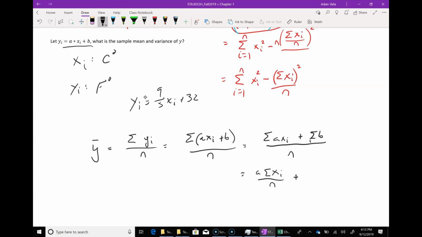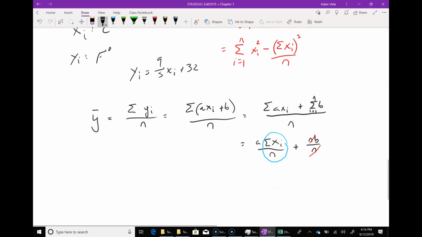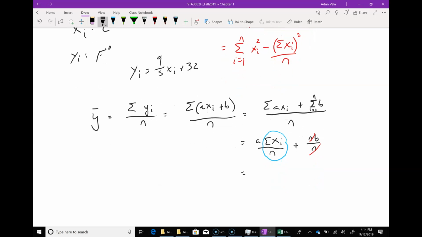So if I'm doing the summation from 1 to n, I just end up with nb, and I'm going to divide by n, so these n's just cancel out. What is this quantity equal to? It's x bar, the average value. So we're left with y bar equals a times x bar plus b.